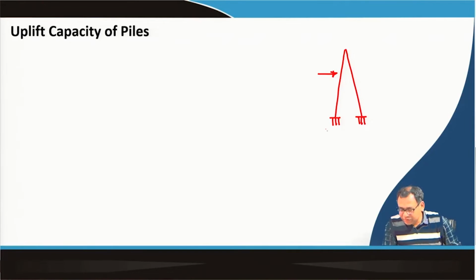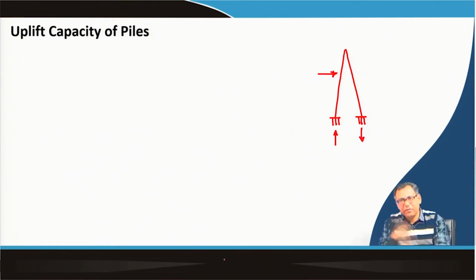So, this portion of the pile in such a case will be under uplift, and this portion of the pile will be under compressive load. And this can be reversed also. If the direction of the wind changes, then the direction of this uplift and compressive load will also change. So, when you check a pile under uplift load, at the same time you have to check it under compressive load also.